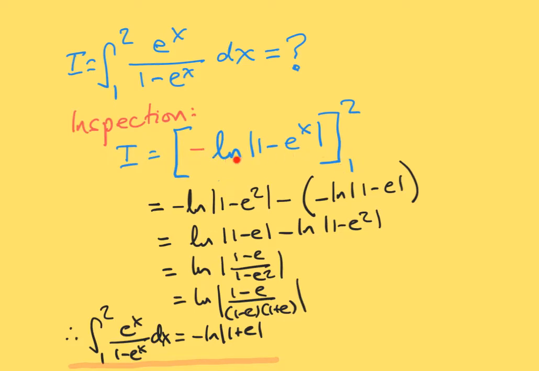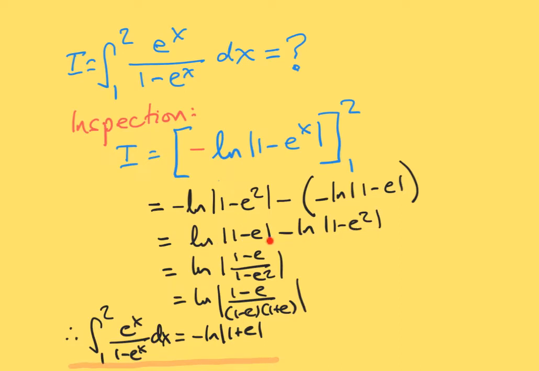So it's minus the logarithm of 1 minus e to the 1, which is just e. So we can now expand these brackets. Minus minus is plus. So I'm going to write the positive term first, and then this term I'm going to write second, minus log of 1 minus e squared.